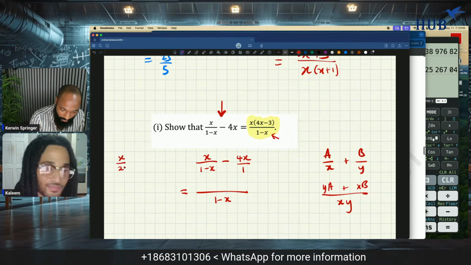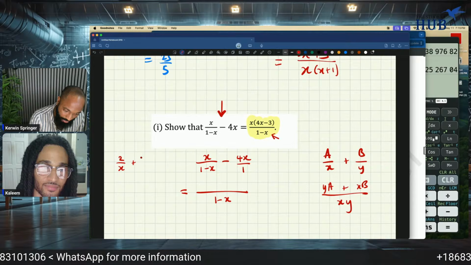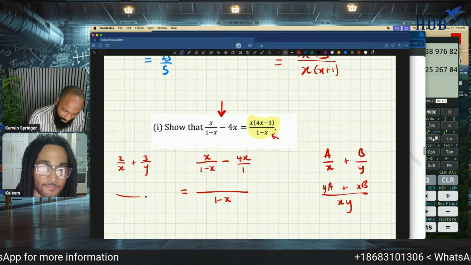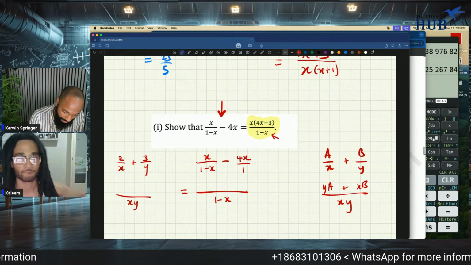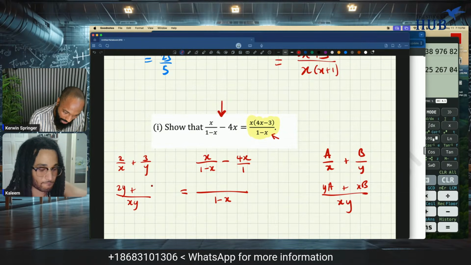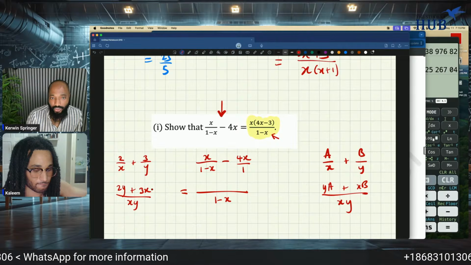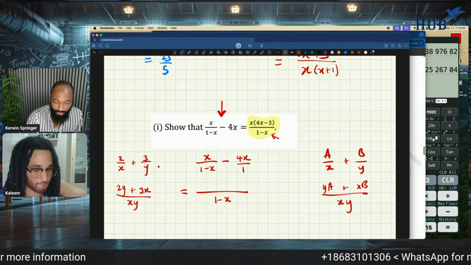If I have 2 over x plus 3 over y, below we'll get xy. x into xy is y. The y will come up and multiply by the 2. y into xy is x. Chat, you all understanding that?